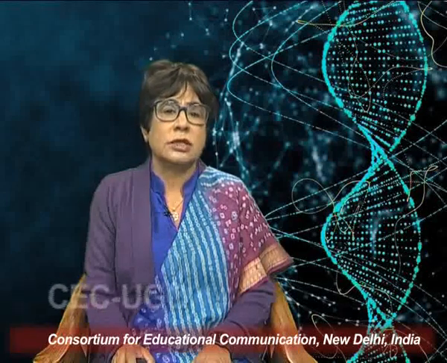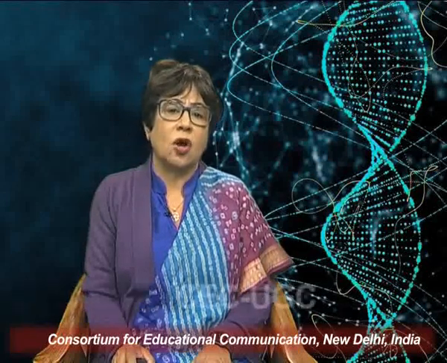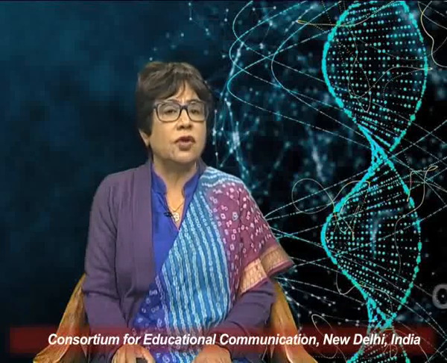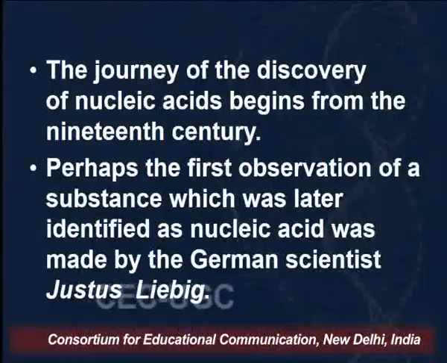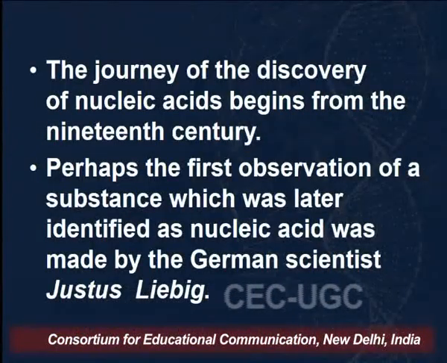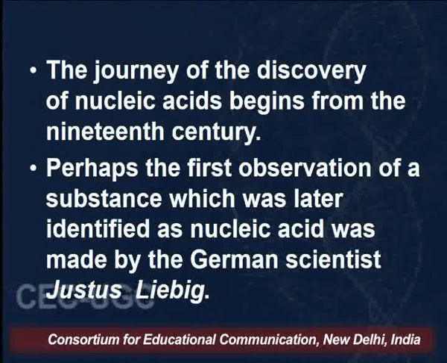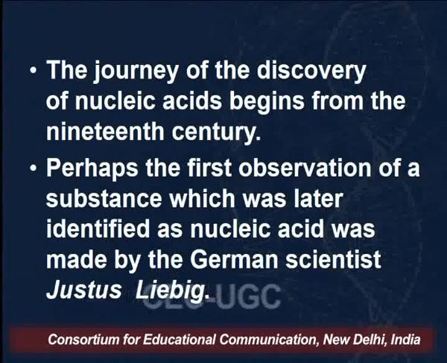Let me now discuss the history of nucleic acids. The journey of the discovery of nucleic acids begins from the 19th century. Perhaps the first observation of a substance which was later identified as nucleic acid was made by the German scientist Justus Liebig.